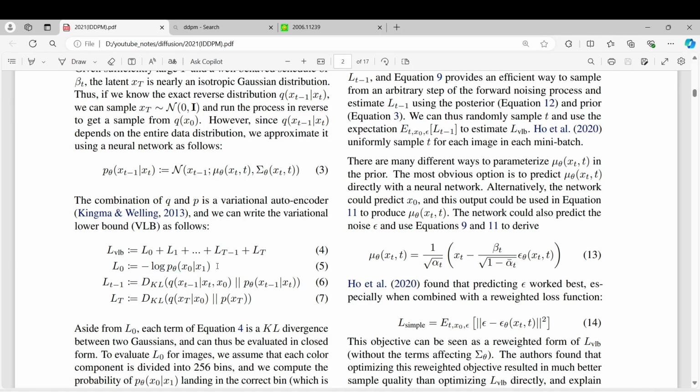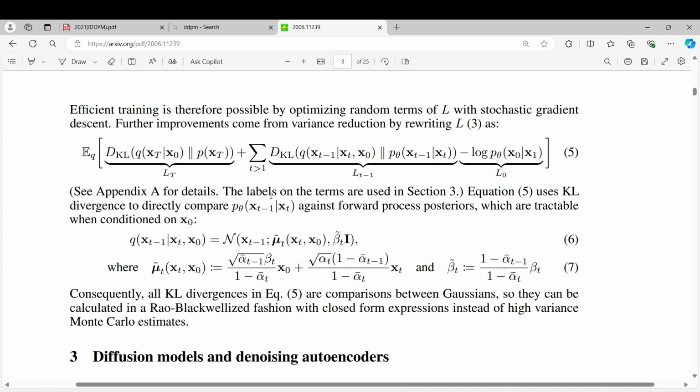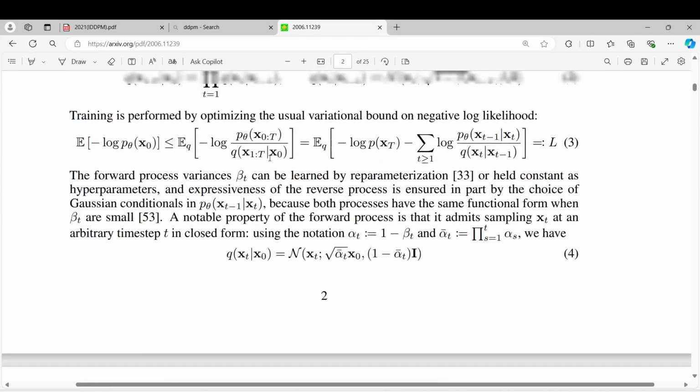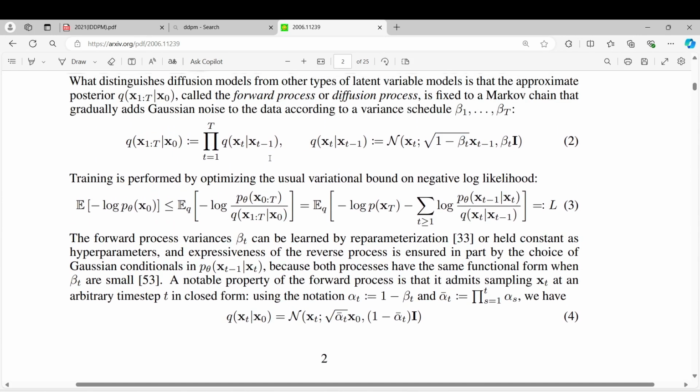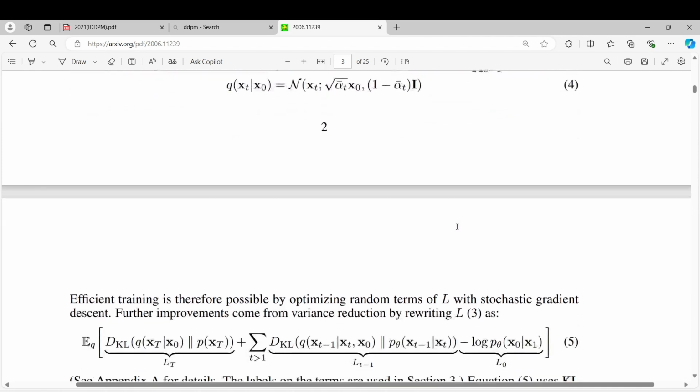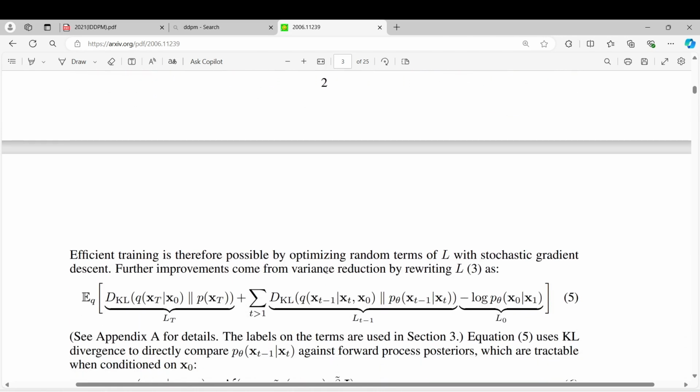If you start from the log likelihood of the model, optimize it and make a bound, you obtain this. With some calculation you reach here, and this has the form called the variance reduction form.